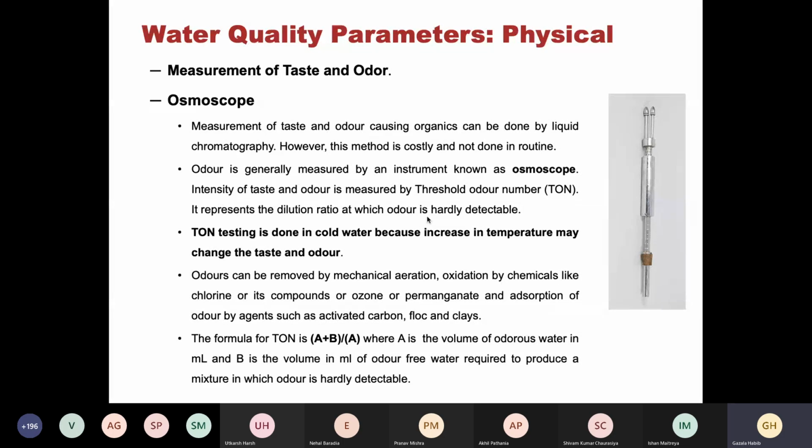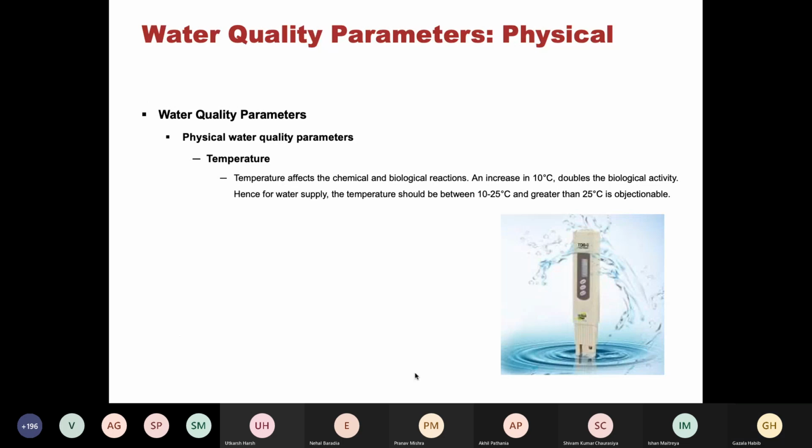TON is equal to (A plus B) upon A, where A is the volume of odorous water sample, and B is the volume of odor-free distilled or deionized water used to dilute the sample, divided by A. So (A plus B) upon A gives you the threshold odor number.